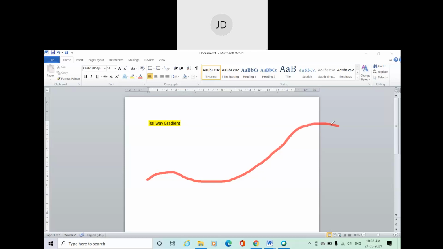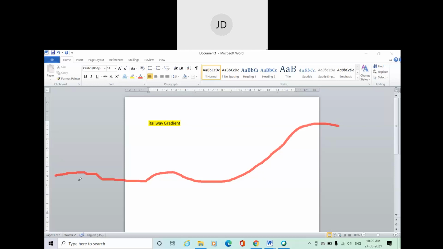Let's go for railway engineering only. Suppose this is the railway geography, with rising slope and decreasing slope, and in this hilly area you need to provide a railway track in this direction.